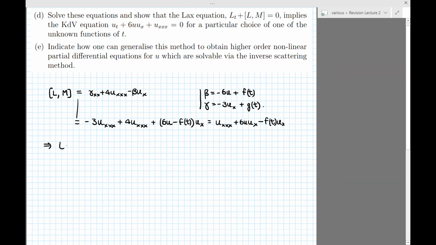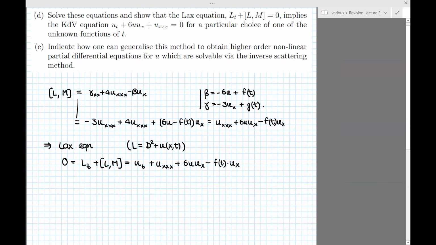So therefore, the Lax equation, which tells us that the time derivative of L plus the commutator of L with M is 0, can be written as follows. I remind you, L was equal to d squared plus u, which is a function of x and t. So the time derivative of L is simply the time derivative of u. And then from the commutator, we have uxxx plus 6u ux minus f of t times ux.